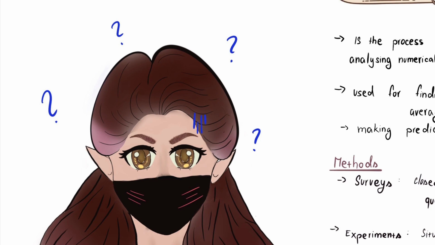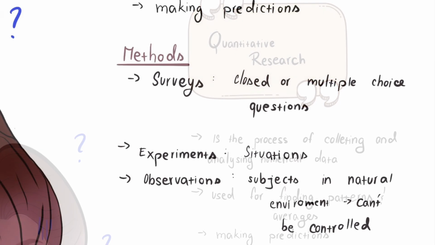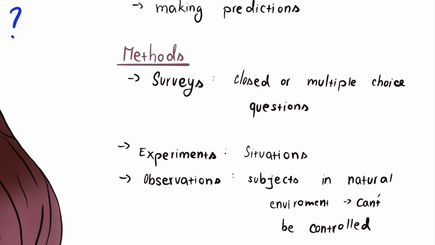But what is quantitative research? Quantitative research is the process of collecting and analyzing numerical data. It can be used to find patterns and averages, make predictions, test causal relationships, and generalize results to a wider population. But what are the methods of quantitative research?